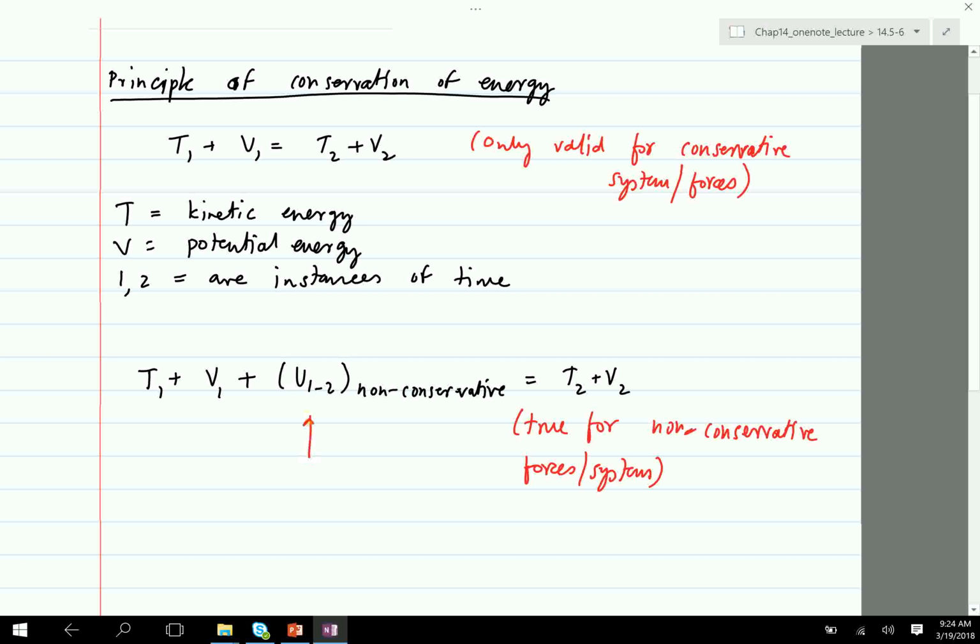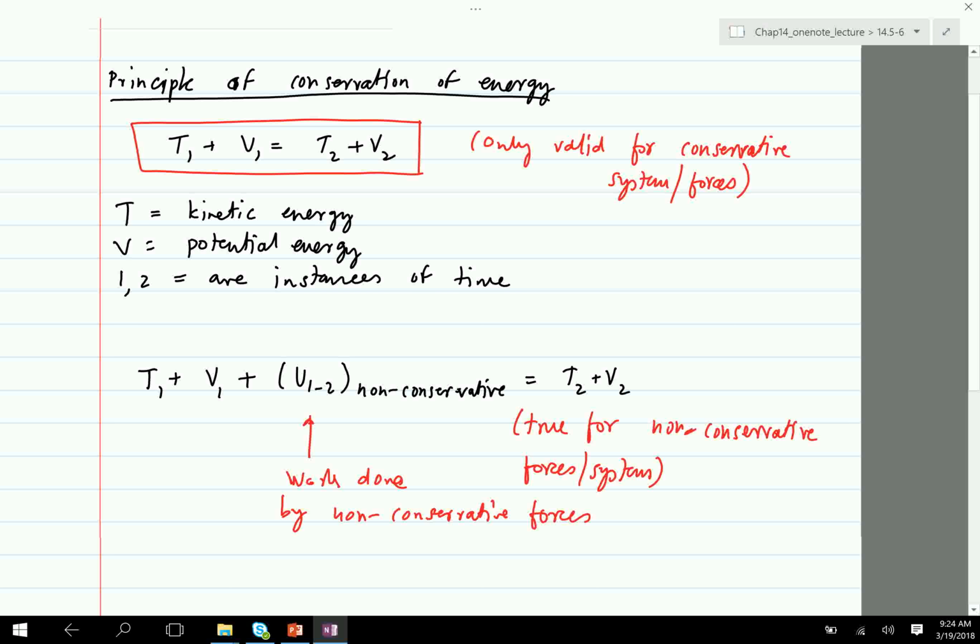Okay, this is the work done by non-conservative forces. So this is the most common equation you see in this particular chapter.